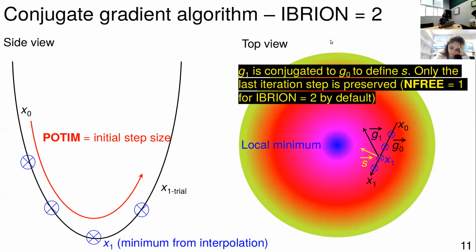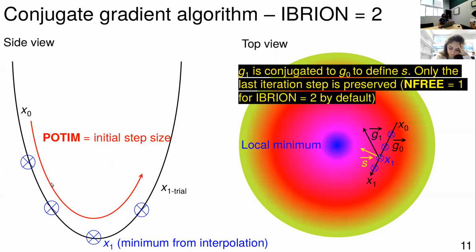Second one, and maybe it's easier to see also the difference. Here, conjugate gradient algorithm, Ebrion 2. Here, the plotting is the initial step size. So basically, when you move from x0 to x1, what you do is take an interpolation of the different energies across this step. Here, these are the points that you calculate, assuming that you have a quadratic fit or a cubic fit.